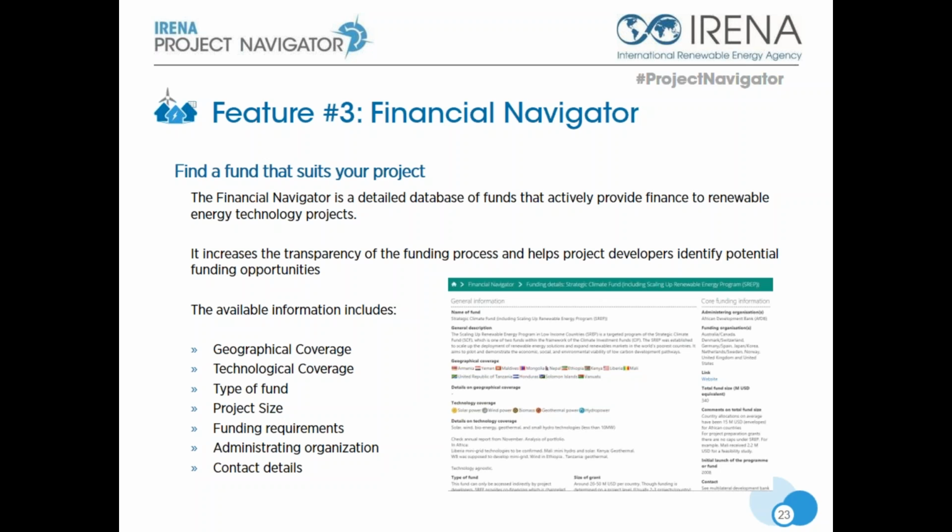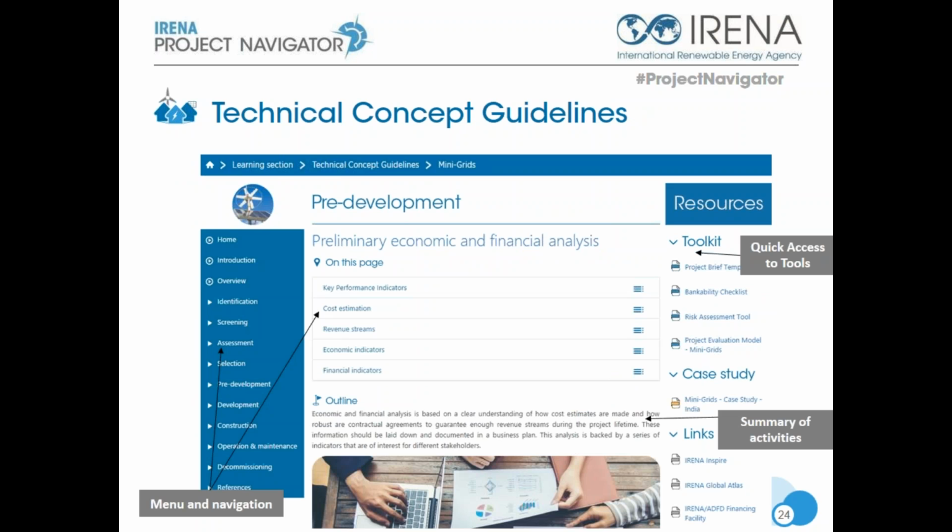So today, my colleague Carlos Ruiz will present you what we have come up with in the technical concept guideline for mini-grids. If you access the platform, you will access an area where you will find guidance, so a lot of information from past projects and experiences from developers on how to carry out certain project development activities.